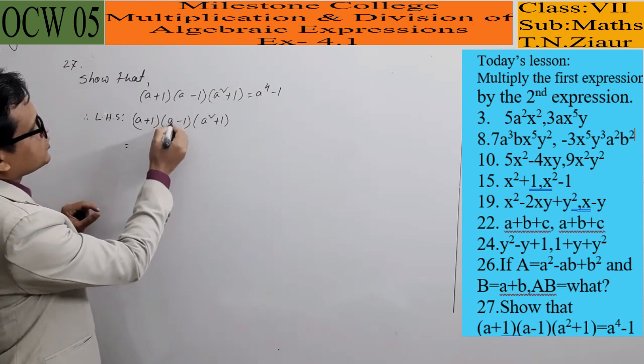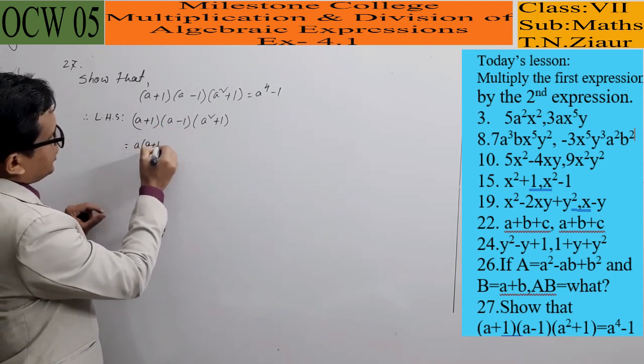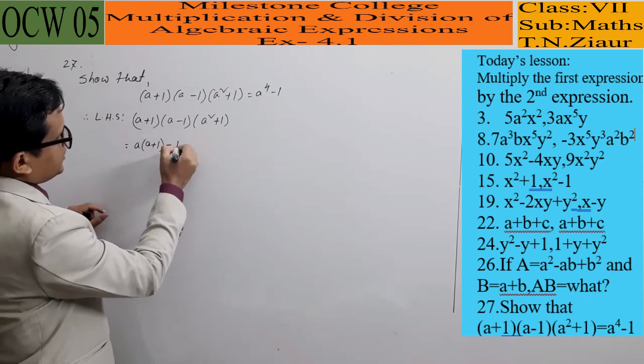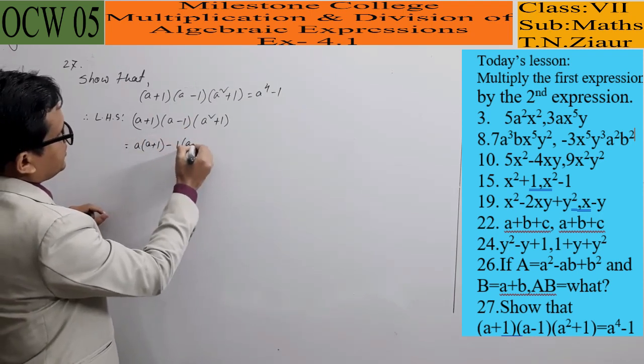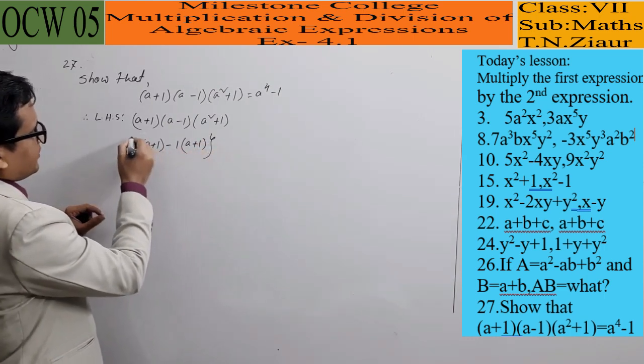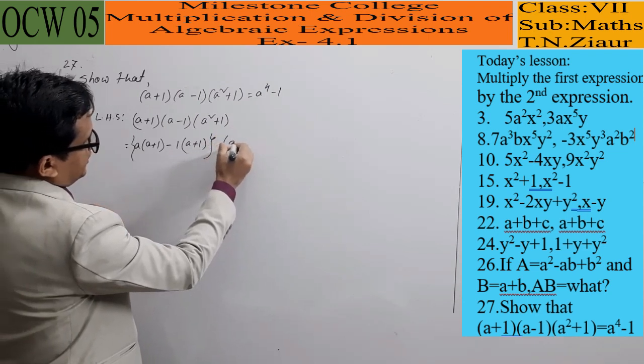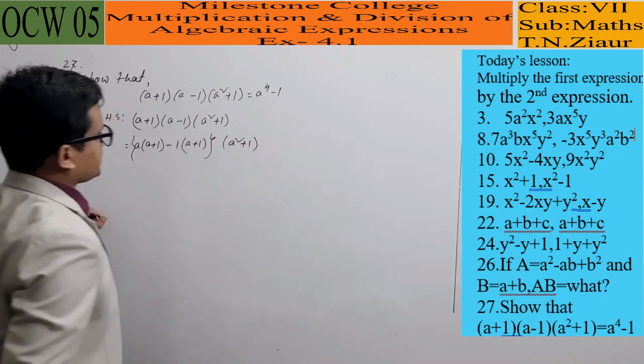Dear students, now a into the multiplicand a plus 1, then there is minus, give this minus 1 and write again the multiplicand. Then we give the second bracket and write the multiplier.